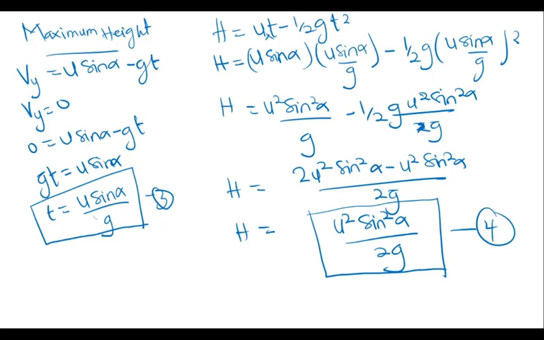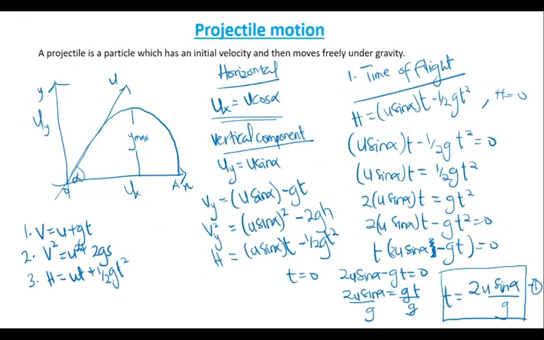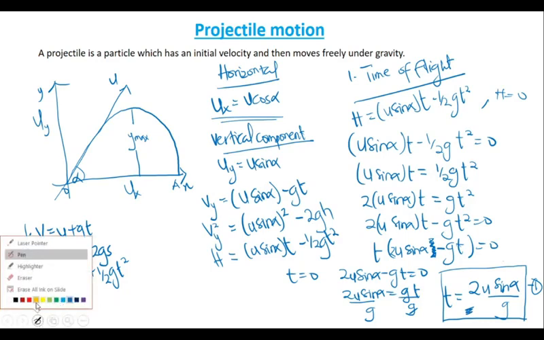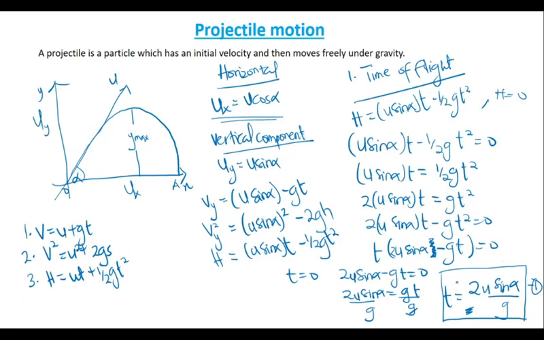So let's go through all the deductions that we've made so far. We said the time of flight for a particular projectile motion is given by 2u sine alpha divided by the gravity, which is what we have over here. Let me use red to indicate that. So this is our equation 1, the time of flight.